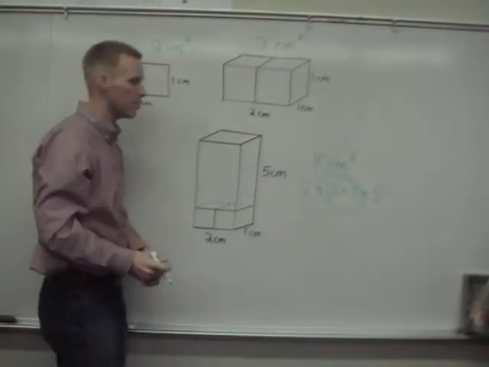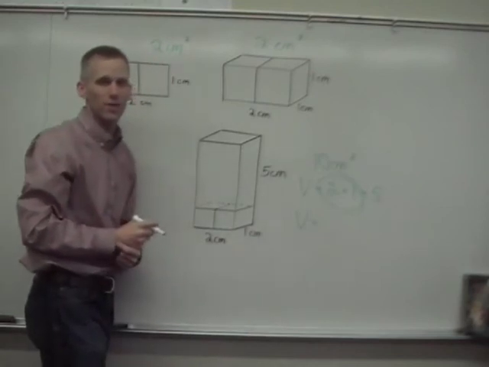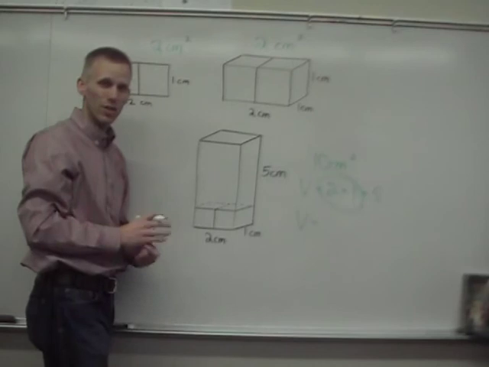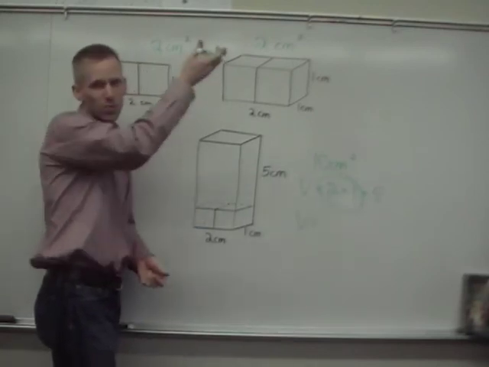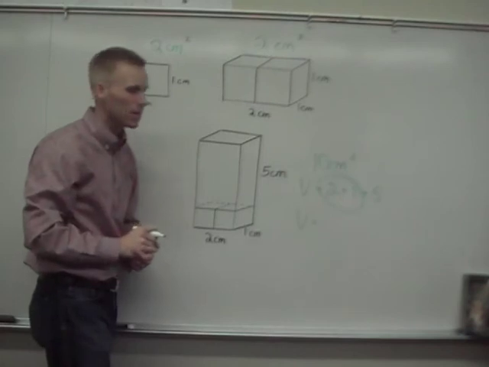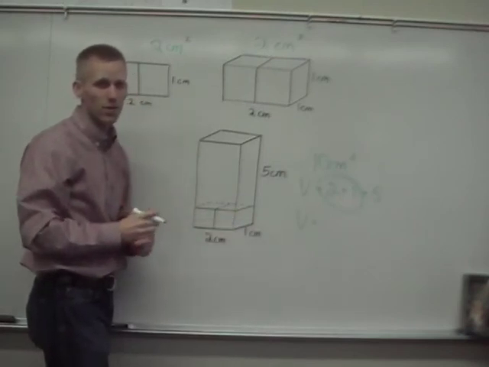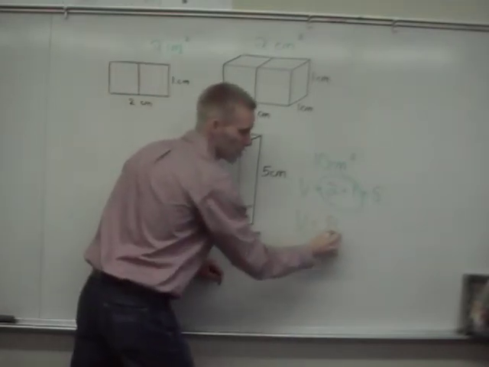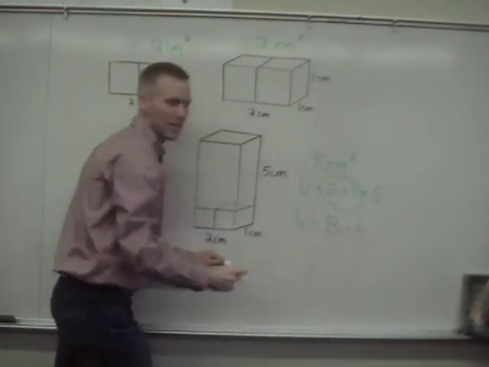Now, I only say that because eventually it's going to be very, very helpful to think of volume in that way, as a layering approach, starting with area, and building that area a bunch of times until we fill up this 3-dimensional shape. So a formula that we're going to use over and over and over again in our study of 3-dimensional geometry is that volume is the area of your base times your height.